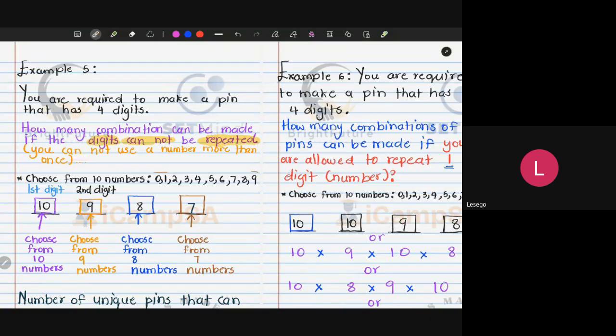So if they say you can't repeat any number, the first number you can choose from 10 numbers, what you choose that sits there. The second number you will choose from 9 because you have chosen 1. The third number you'll choose from 8 because you have chosen 2 numbers. The fourth number you will choose from 7 because you have chosen 3 numbers.